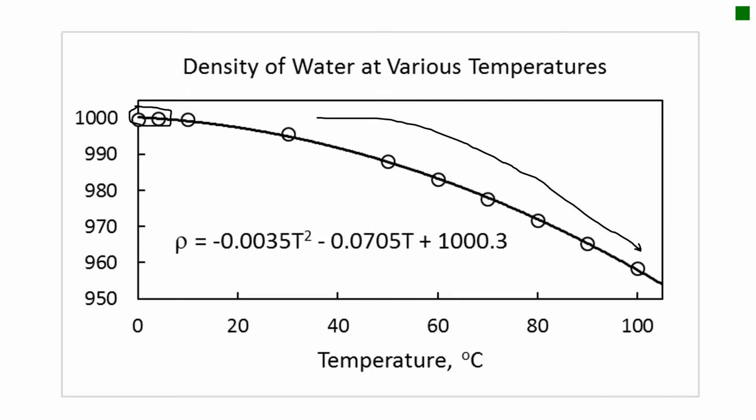Since I could tell that the data was curved, I used a second order model where the density at any temperature T is given by a coefficient of negative 0.0035 times the temperature squared, minus 0.0705 times the temperature, plus a constant value of 1000.3. So now I have the ability to determine what the density of water is at any given temperature.